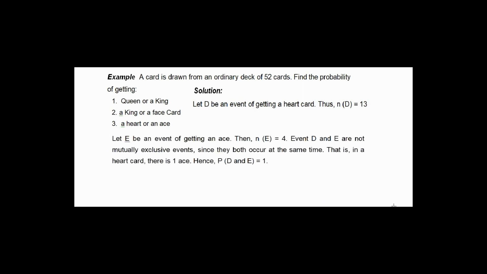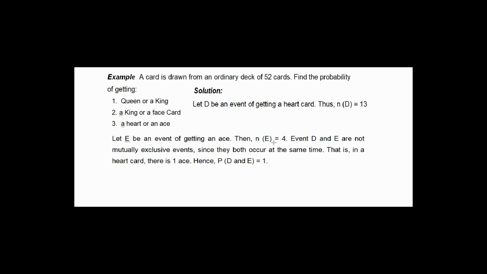Next, for number 3, a heart or an ace, let D be an event of getting a heart card. Thus, N(D) is equal to 13 because there are 13 cards found in an ordinary deck of cards which have the symbol of heart. So let E be an event of getting an ace.